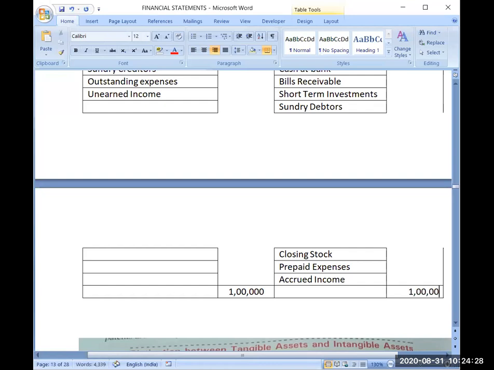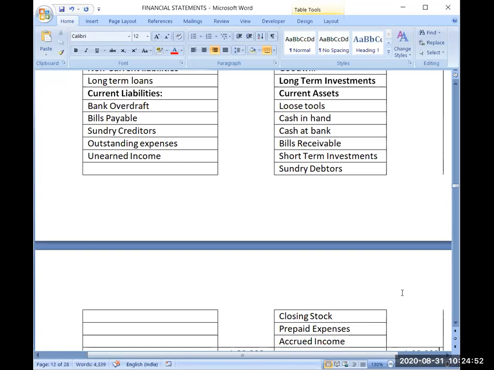Means your assets and liabilities should always be equal. If these are equal, it means you have prepared correct financial statements. Almost, not 100%, but almost. You have treated each and every account correctly. So the totals of assets and liabilities should always be equal.